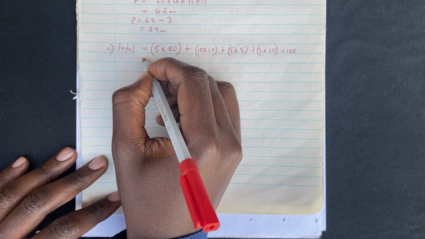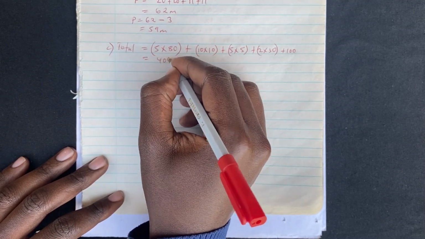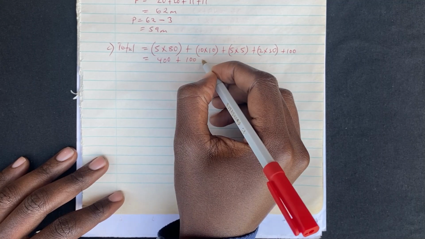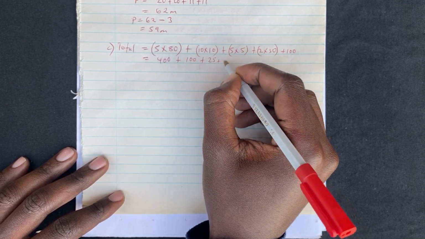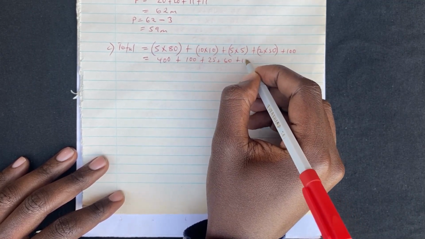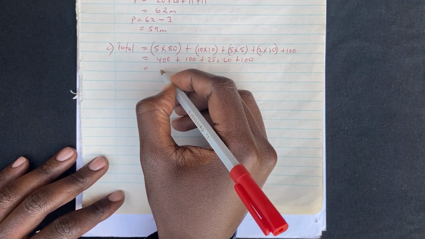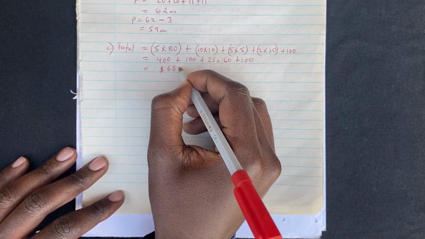So this is equal to 400 plus 100 plus 25 plus 60 plus 100, so that it becomes $685.